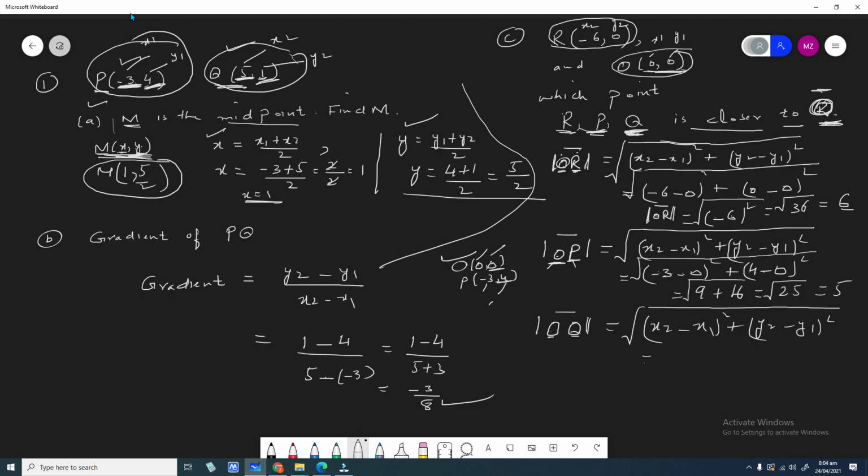So we have got the origin, its coordinates are 0, 0, and point Q is 5 and 1. So we will be putting these values. This is our x1, this is our y1, this is our x2, and this is our y2. So x2 is 5 minus x1 is 0 whole square plus y2 is 1 minus y1 is 0 whole square.